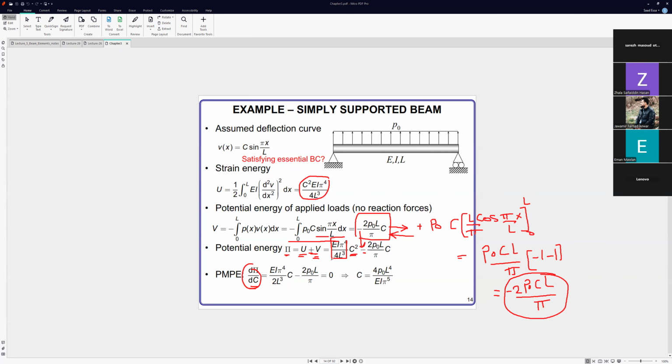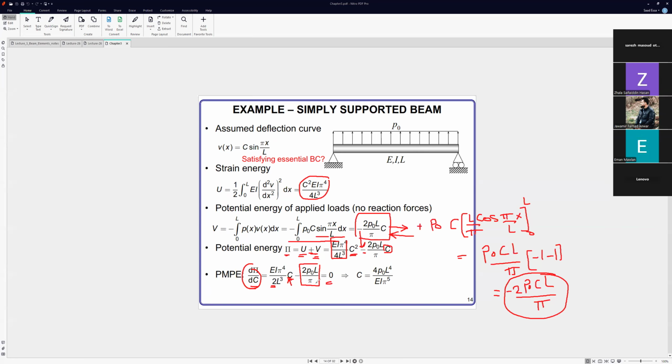So 2 goes with the 4, it will be 2. The second order becomes one order less. So minus 2 P naught L over pi. What's the derivative of C? It will be 1. This 2 P naught L over pi is equal to 0.